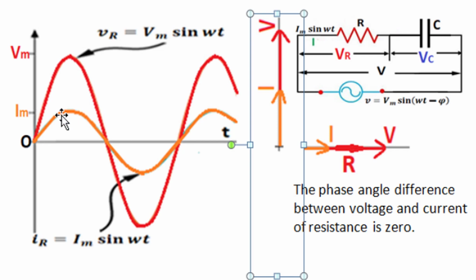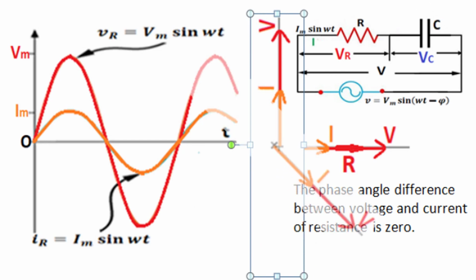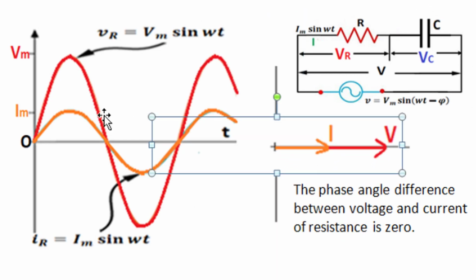Current will have peak magnitude on vertical axis projection, and voltage also has peak magnitude, and further rotation of phasor reduces their magnitude, making both current and voltage after half cycle instantaneous value 0, and after that current changes its direction and voltage reverses its polarity, attains negative peak, and one complete rotation will generate one complete cycle. So this phasor diagram and this wave diagram both represent the same thing, and we can say the phase difference between circuit current and voltage of resistance is 0.